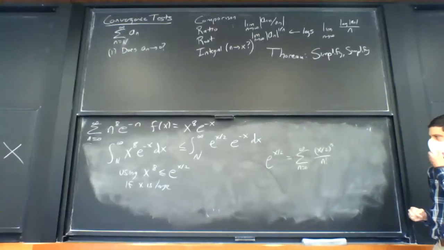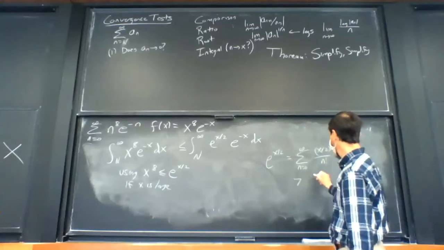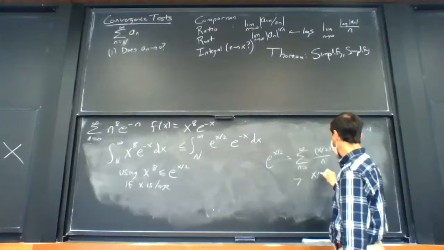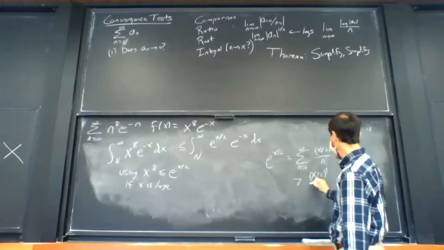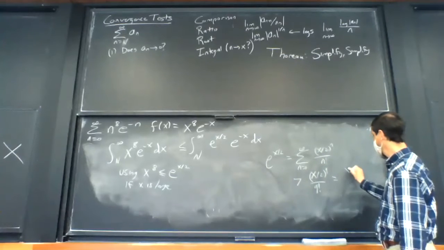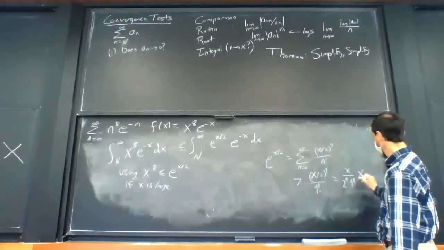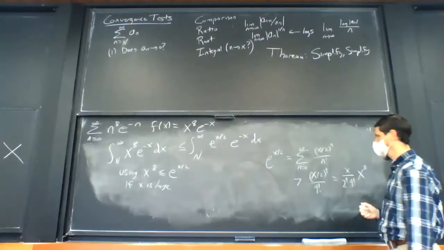If I take the term n equals 9, this would be greater than or equal to x halves to the 9 over 9 factorial, which is x divided by 2 to the 9th times 9 factorial, times x to the 8th.